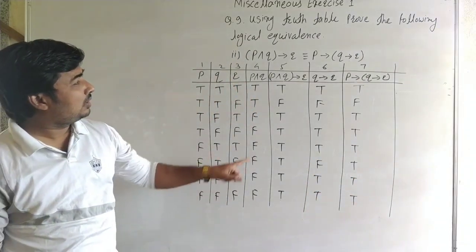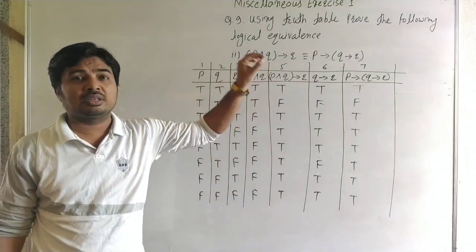From this truth table, column number 5 and 7 are the same.